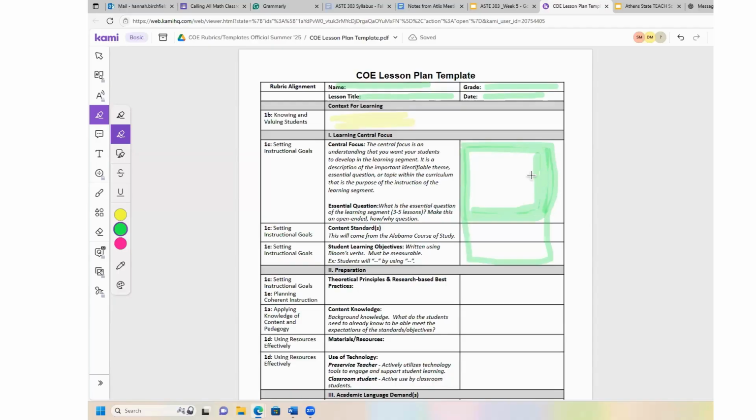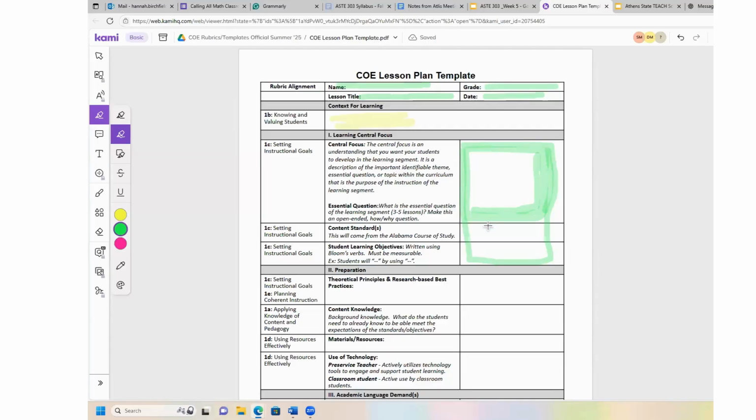I may also say, how can I find two-step equations by using the 4 main operations of math: addition, subtraction, multiplication, division? Okay, so that's just an idea. You're not writing that because our lesson was not on two-step equations, but you are writing a similar essential question regarding the lesson that I taught in class, the remove one.